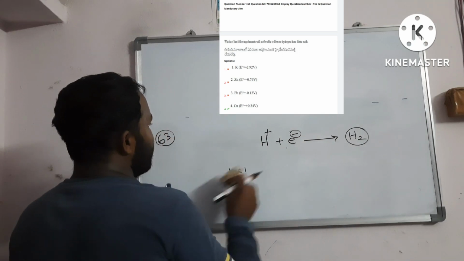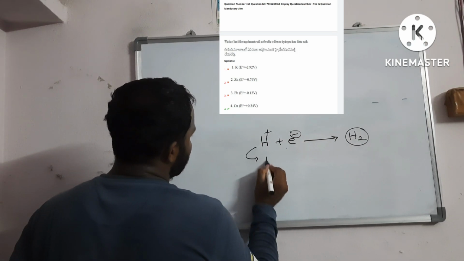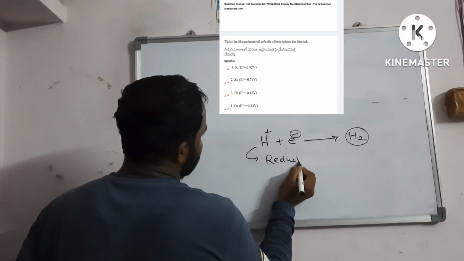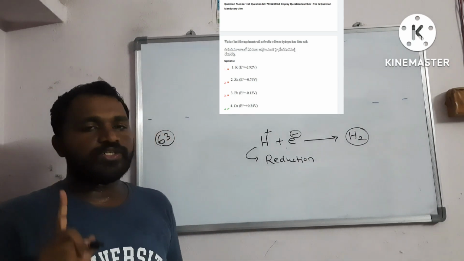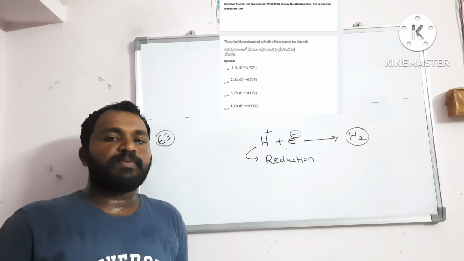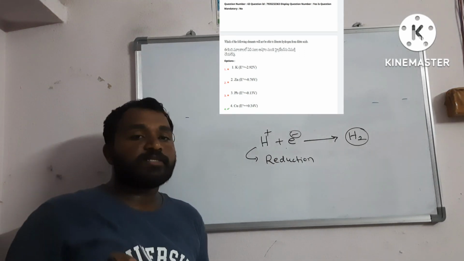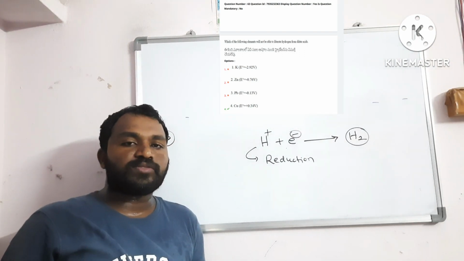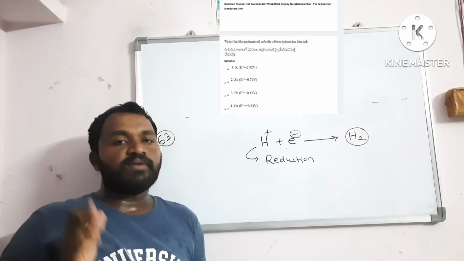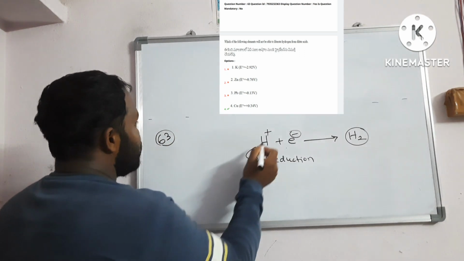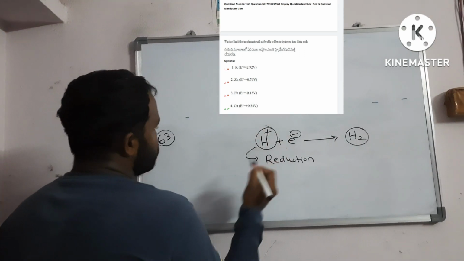So here H plus undergoes reduction. Just remember, oxidation takes place at anode, reduction takes place at cathode.